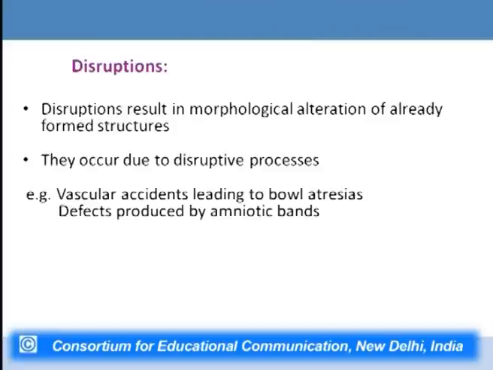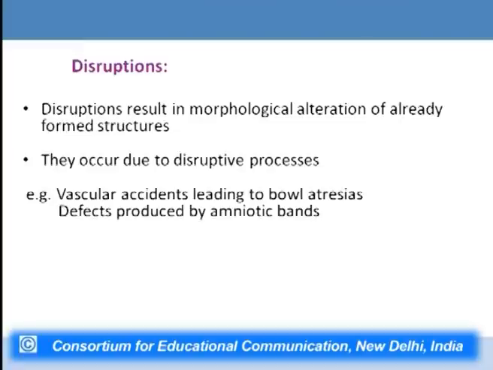Amniotic bands are basically bands formed around any organ within the amniotic layer, which leads to restriction of the blood supply to that organ. When there is restriction of blood supply because of the formation of a band across that organ, the organ might not develop properly.